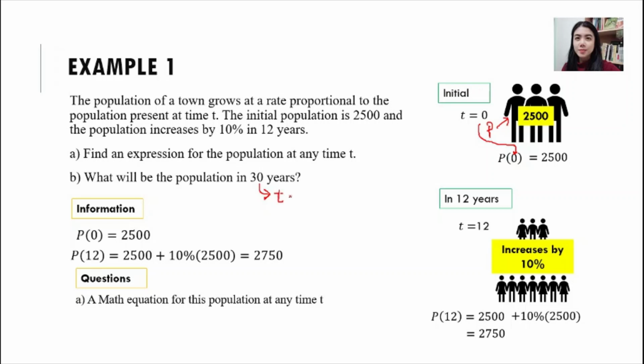The way to write this question is P(30), the population at time equal to 30, is equal to something that you are looking for. We put a question mark.